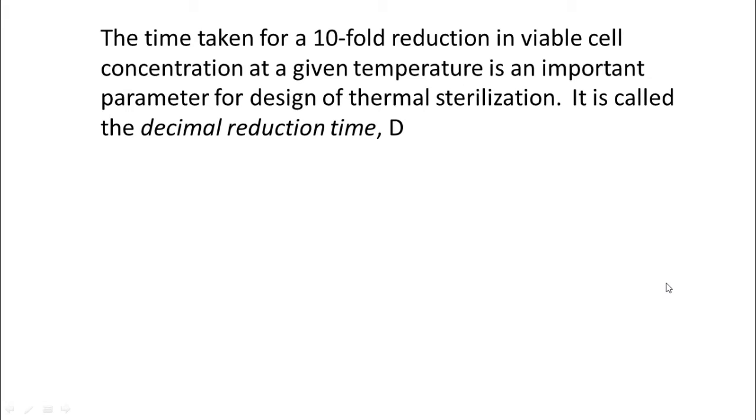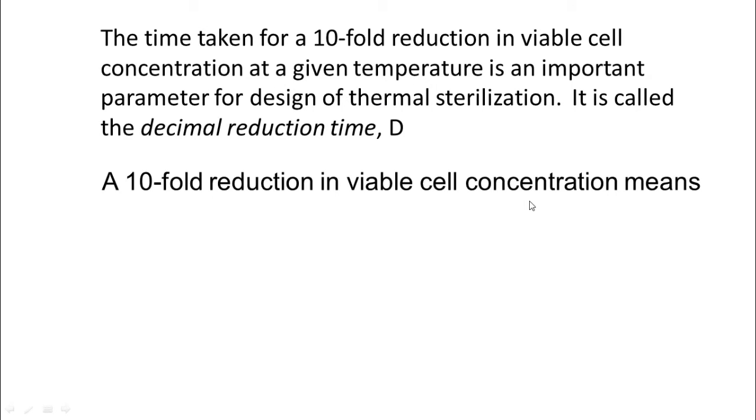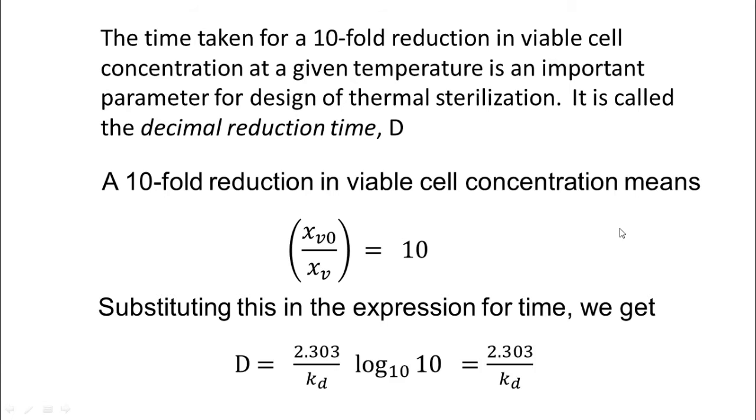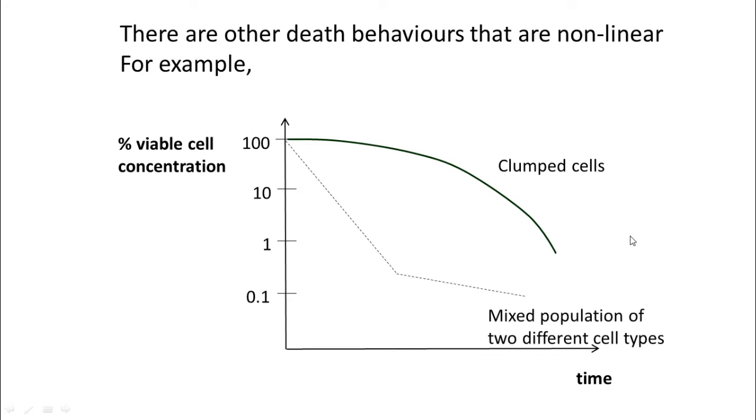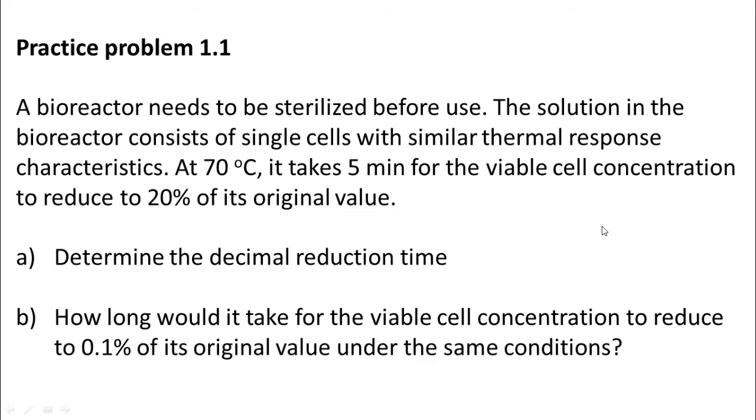And then we saw the concept of a decimal reduction time, which is the time taken for a tenfold reduction in the viable cell concentration at a given temperature. These can be used for design purposes, and that is where we finished up module 1, with a practice problem and a solution to that.